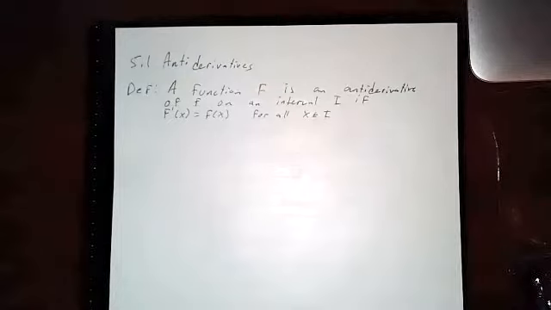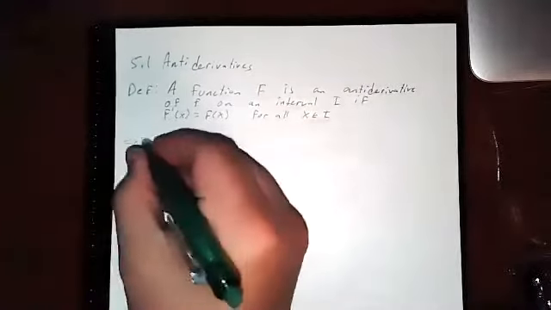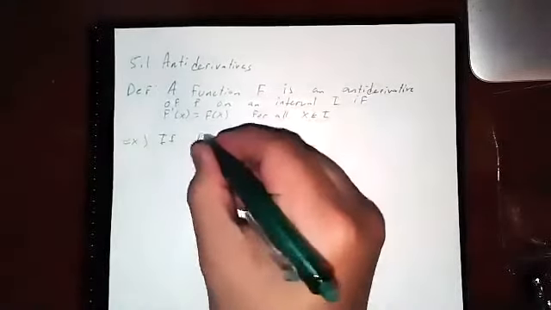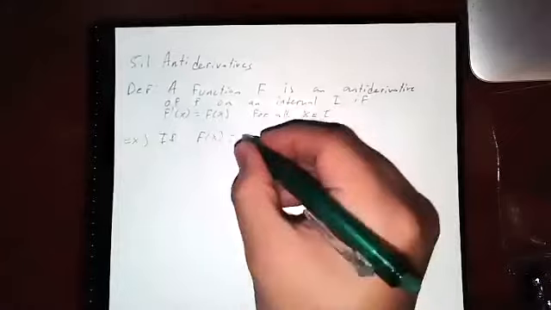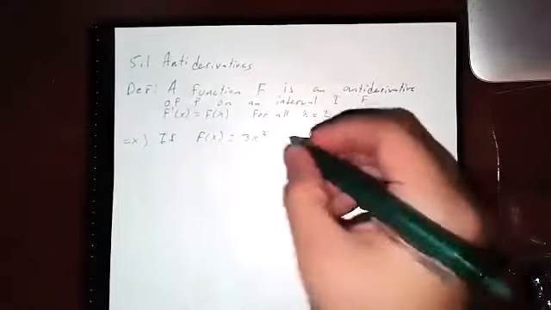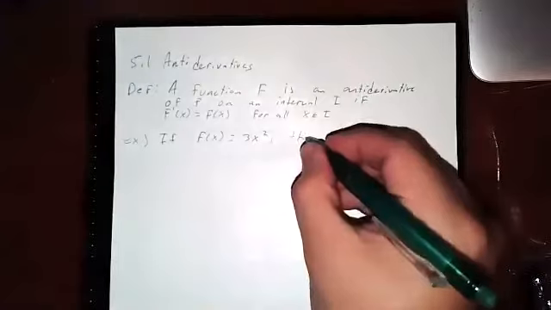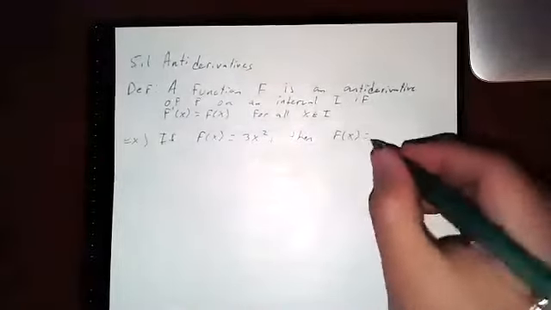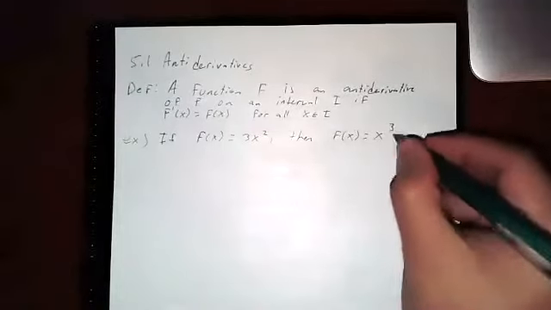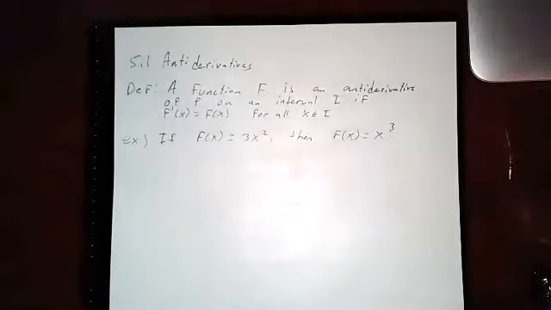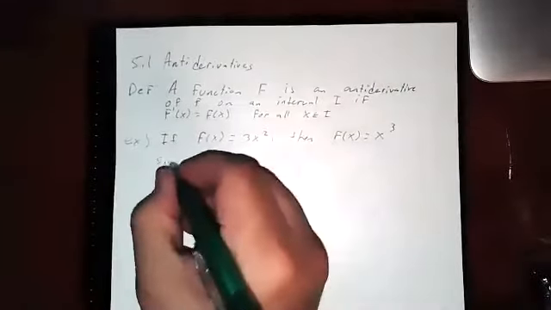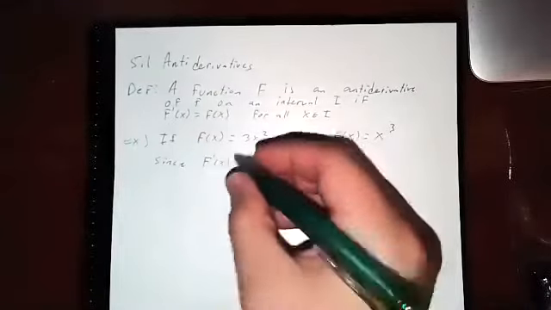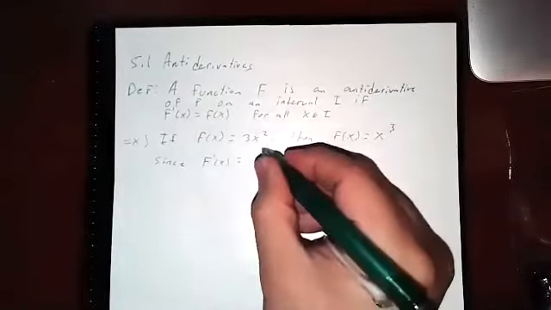And just a quick example. If lowercase f is equal to 3x squared, then capital F would be equal to x cubed, right? Since the derivative of capital F, which can be written this way, d/dx.